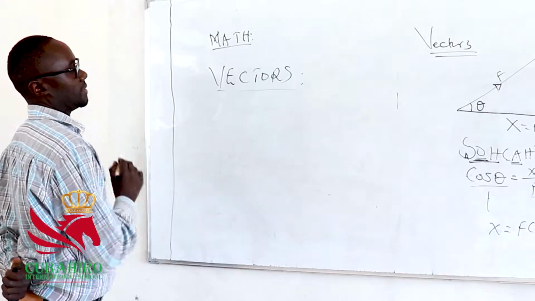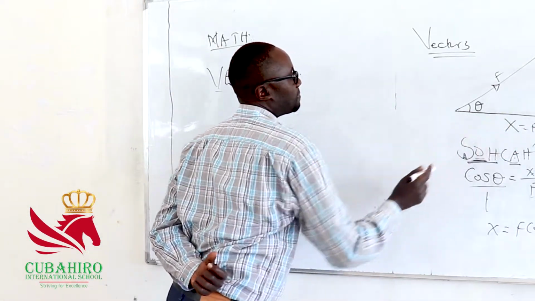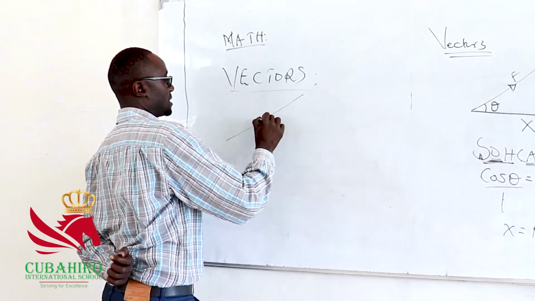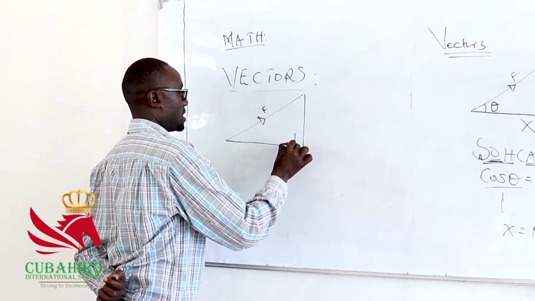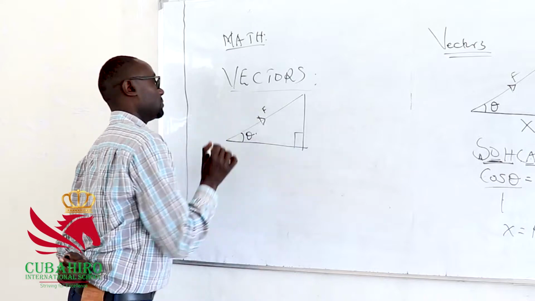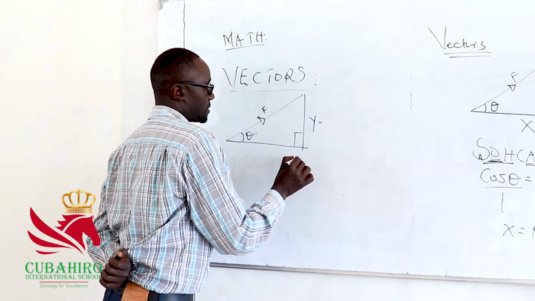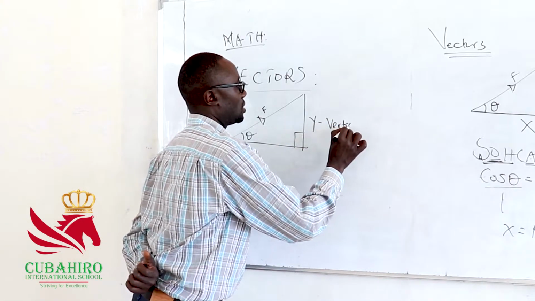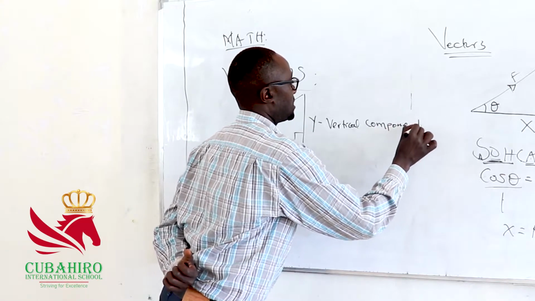we have now seen that the x down here has got a special name. So if I may repeat, my vector F, and this is my theta down here. This is my theta. So this is what we call y. The special name for y is the vertical component.